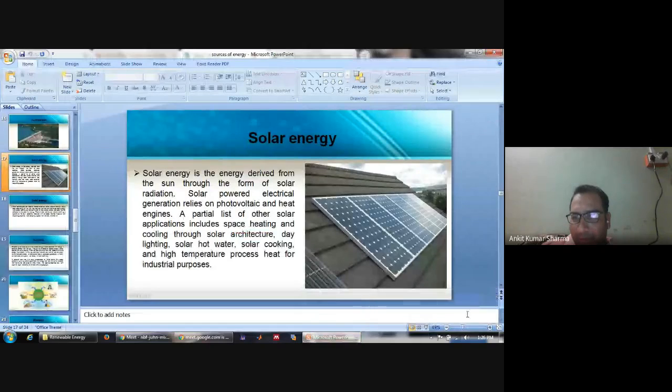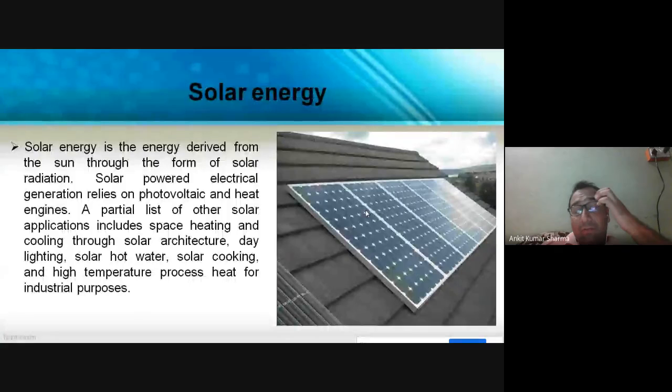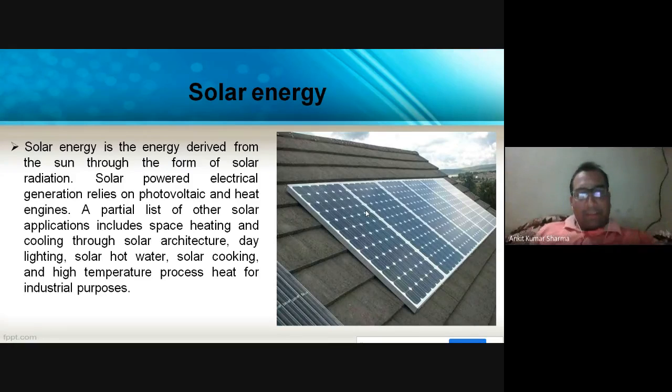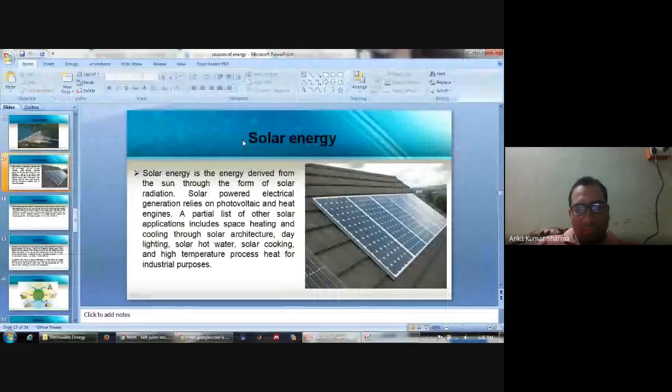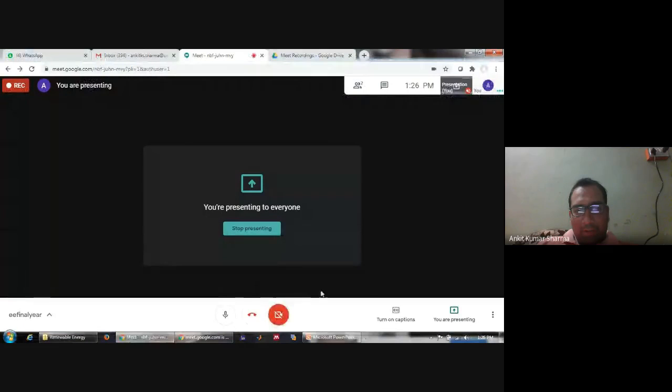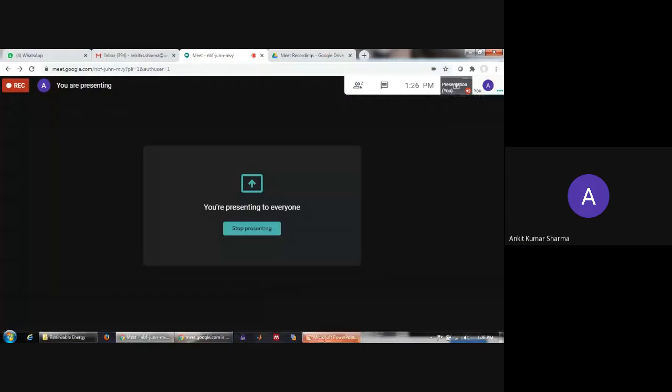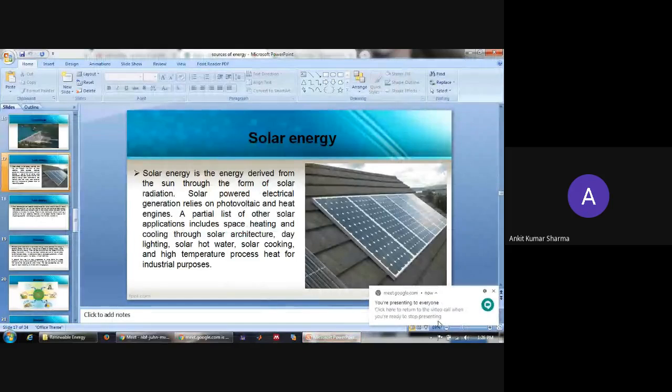So, in the previous lecture, we discussed the energy sources. The energy sources are divided into conventional and non-conventional energy sources.